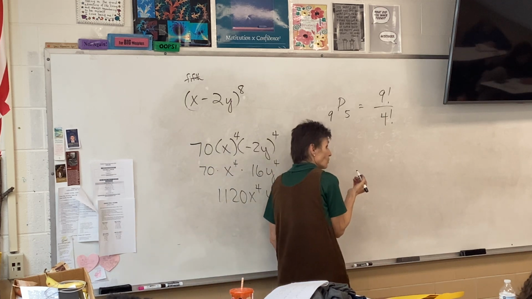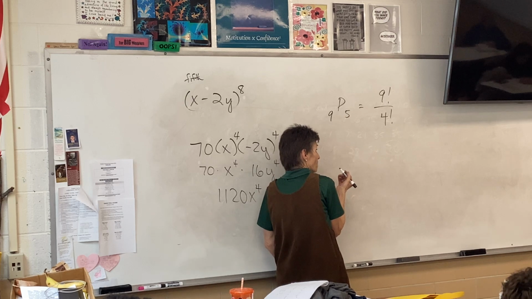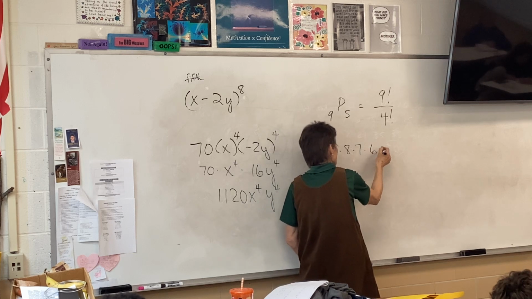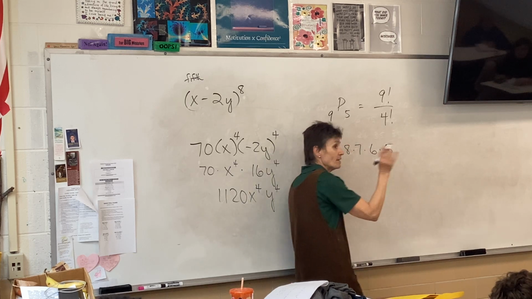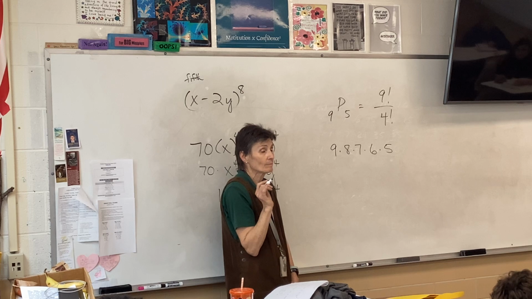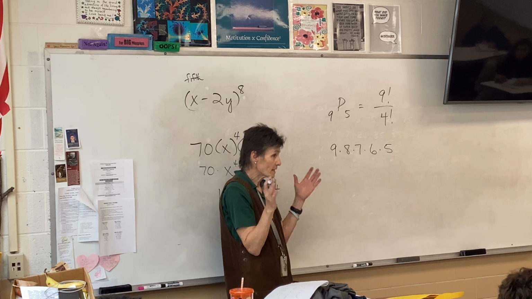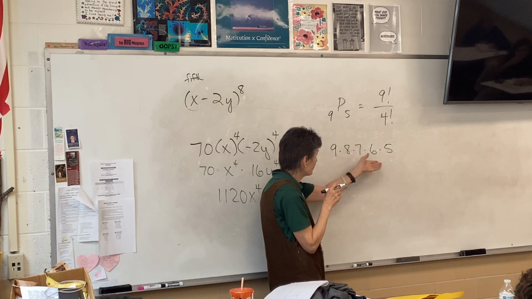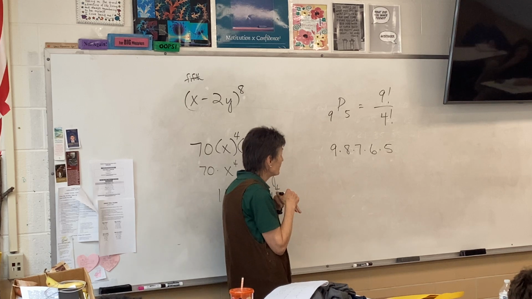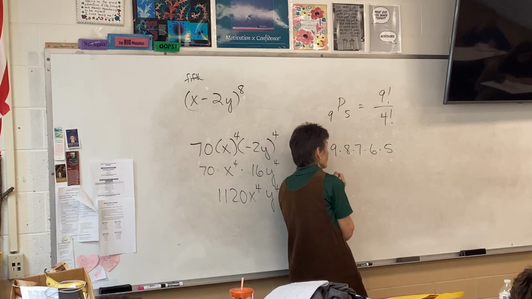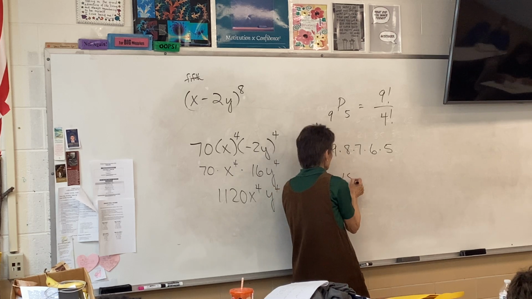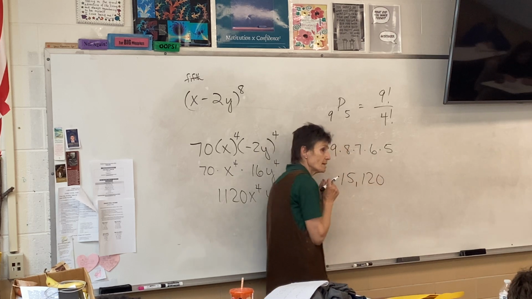So 9 factorial over 4 factorial. Here we go: 9, 8, 7, 6, 5, and then I can cancel the rest out. Is the denominator canceled? Yep. So now you can go to your calculator and multiply those numbers together. And what do we get? 15,120. 15,120, Daniel says. Are we in agreement?